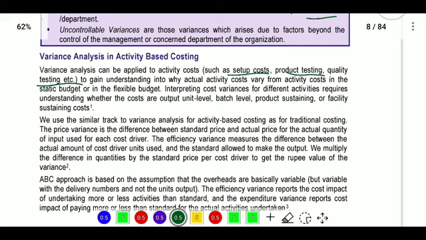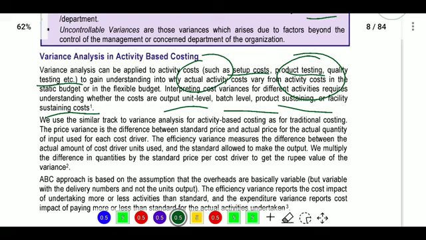To gain insight into why actual cost is different from the activity cost in the static budget or flexible budget. Next, interpreting cost variance for different activities requires understanding whether the costs are output unit level, batch level, product sustaining or facility sustaining costs. So we will track it and see why the difference is there.